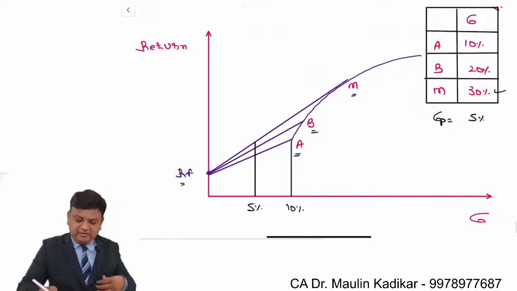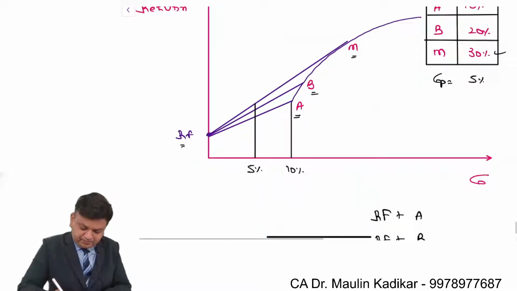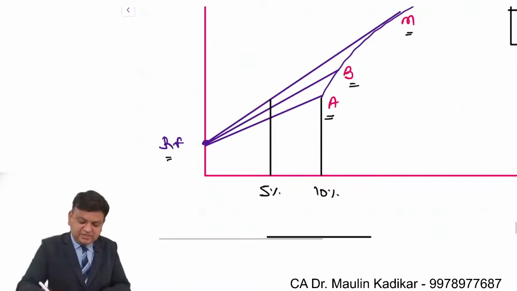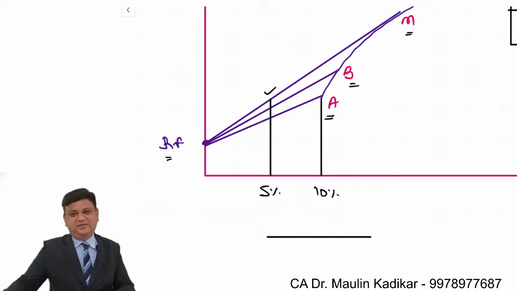So basically you have three options. You can invest in RF plus A over here, RF plus B over here, or RF plus M over here. That is the way you have the three options of making investment. Now in all the three options, you can see that RF plus M is able to generate the highest return for the same level of risk.